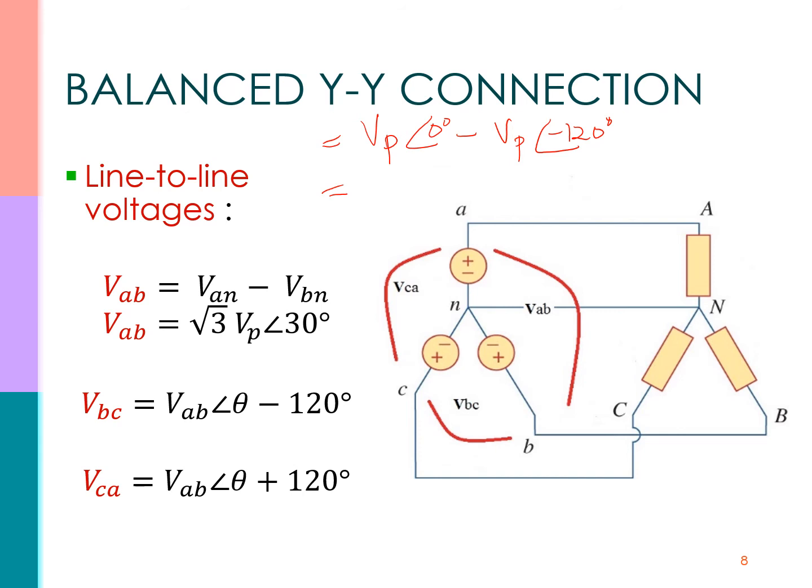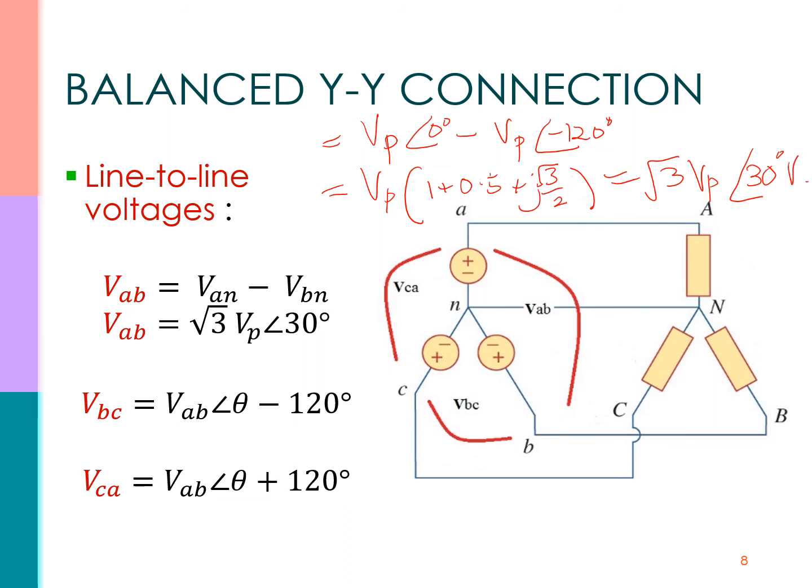So the calculation will be V peak times (1 plus 0.5 plus j square root of 3 over 2), or we can simplify this as square root of 3 V peak at 30 degrees volts.